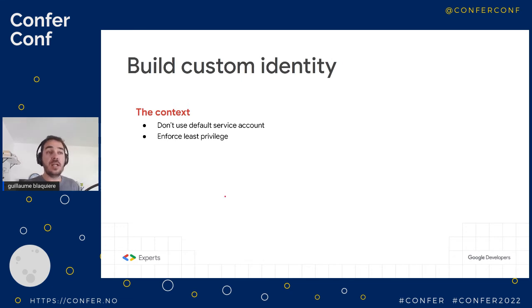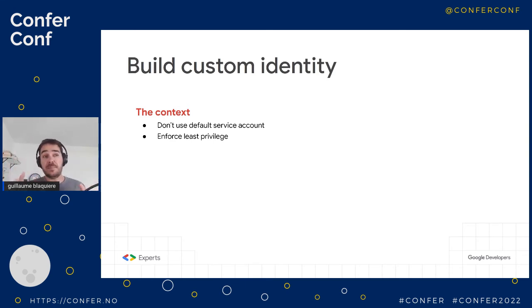But you want to enforce the least privilege. Why do you want to do that? Because if you have two pipelines, maybe one for development, one for production, and the two must have access to the secrets, one secret for accessing the database in production, and the second one for accessing the database in development.